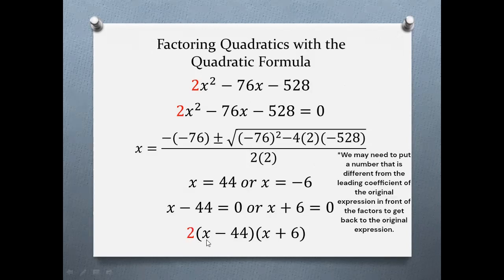So we have 2 times x minus 44 times x plus 6. So therefore, when we multiply all these factors together, we will get back to the original expression. And therefore, we are able to confirm that we have the correct factors.